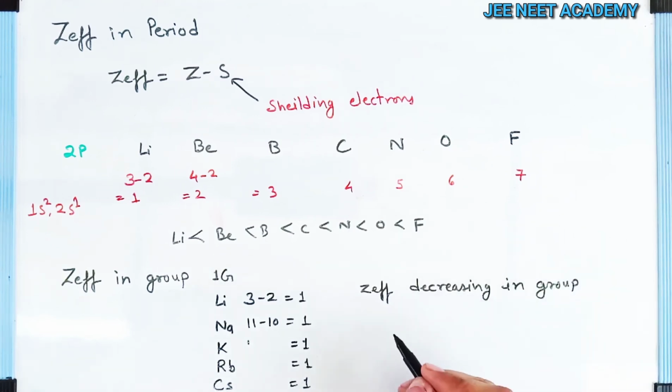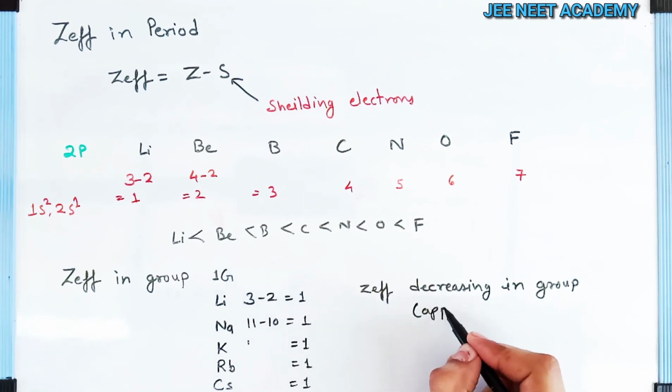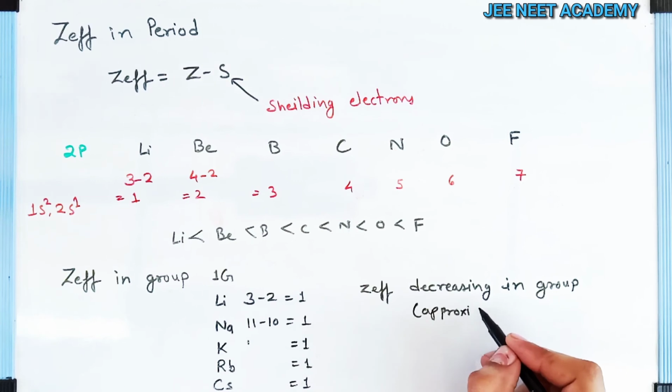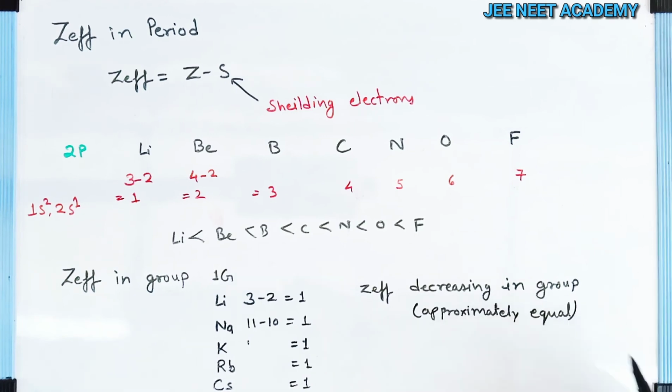In some books, they say approximately equal. So we have seen Z effective in a group and in a period. Now we will see the shielding effect.